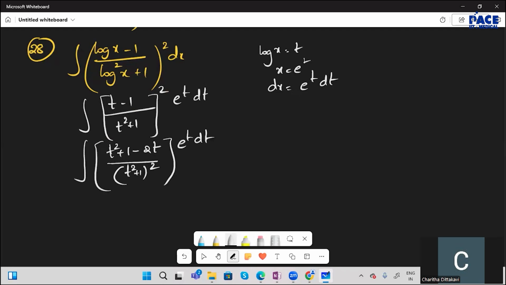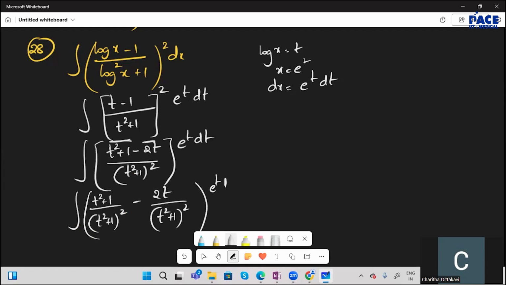Now just try to observe what I'm doing. I'm splitting this by the denominator, minus 2t by the denominator. So t square plus 1 by (t square plus 1) the whole square minus 2t by (t square plus 1) the whole square, whole multiplied by e power t dt is what we have.